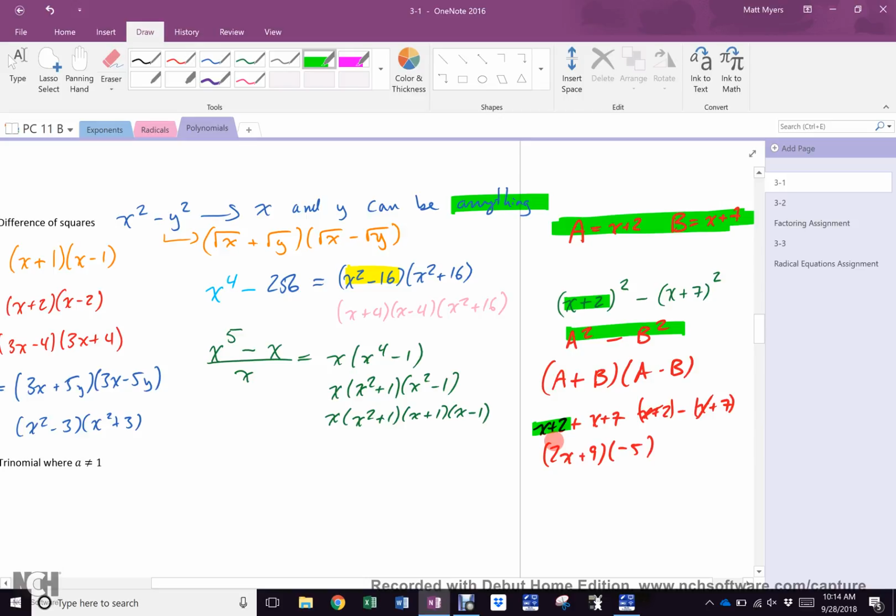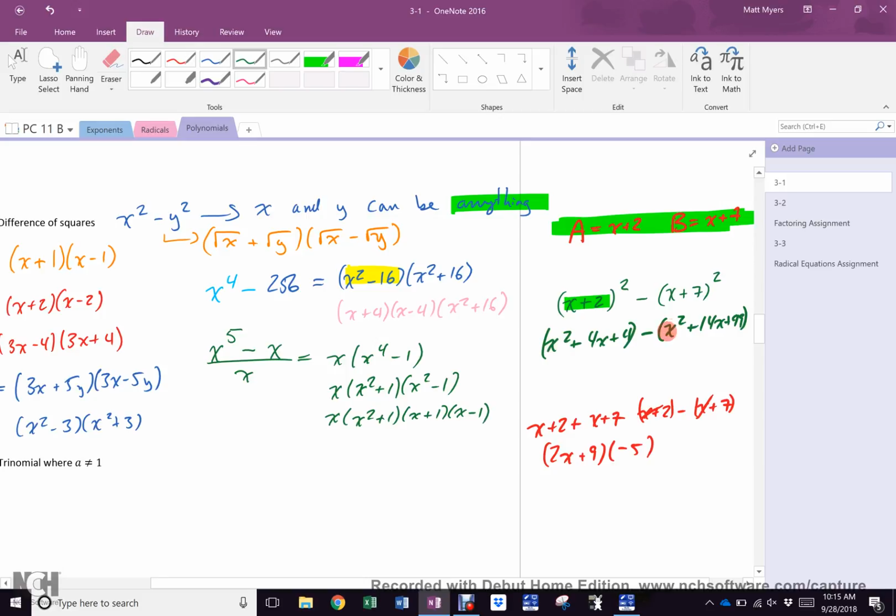Right? You could also, and this is the worst thing you could do, but for some reason kids like to do it, you could have done this. X squared plus 4x plus 4 minus x squared plus 14x plus 49. You could have expanded them both, right? And then collected like terms.